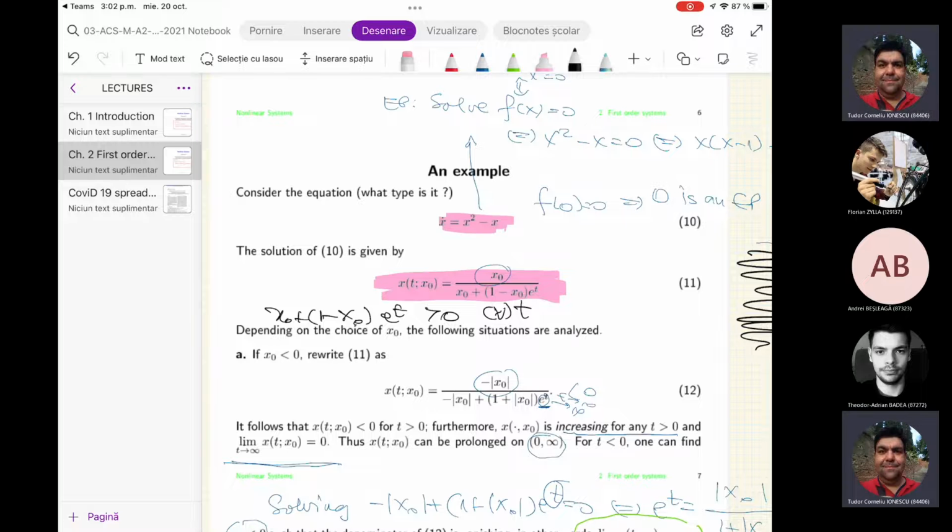So for x naught between 0 and 1, x is positive for all time.